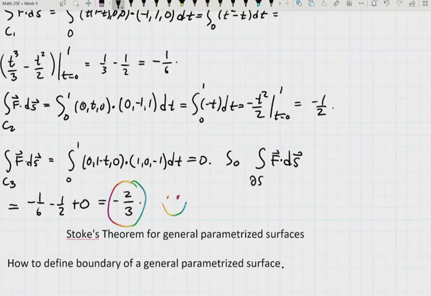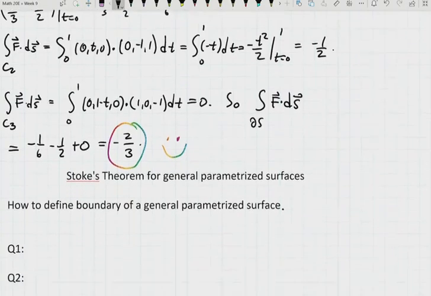I'm talking about the notion of the boundary of a parametrized surface. So how do you define that? Well, your book has a way that it defines it, but I don't like it. But I'll tell you what the book's is, and then I'll tell you my own way to define it as well.